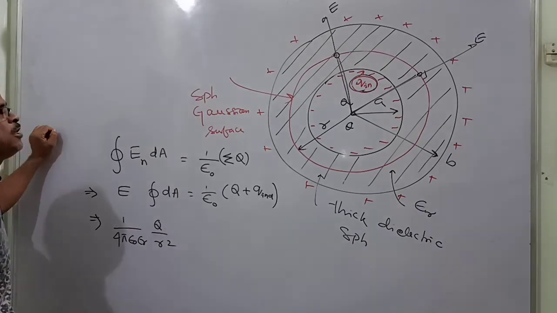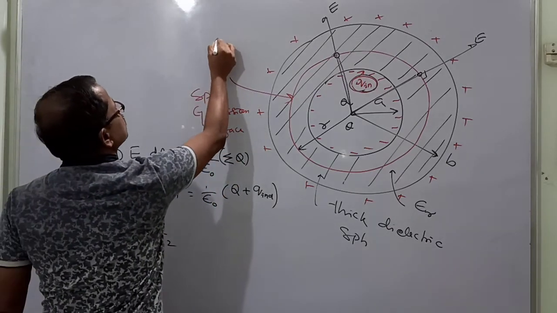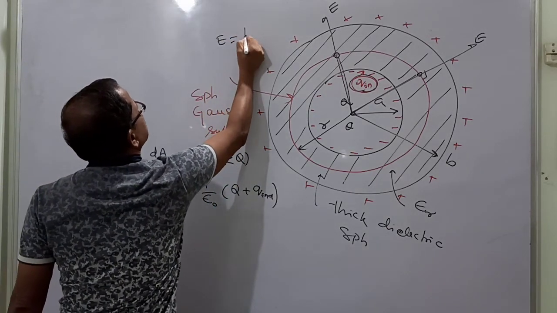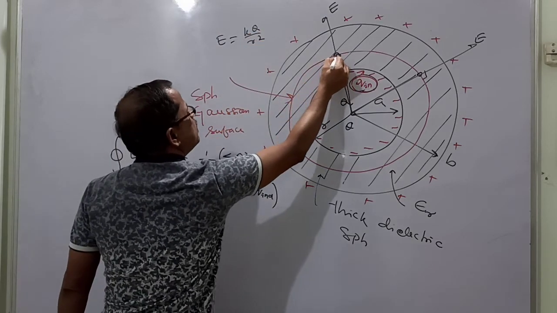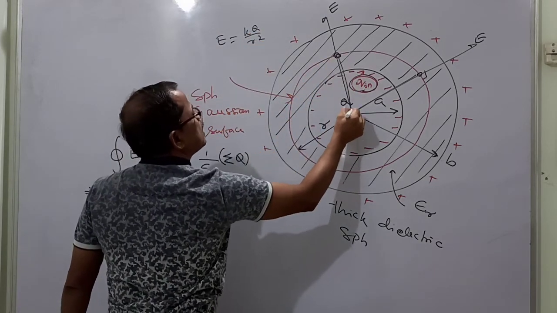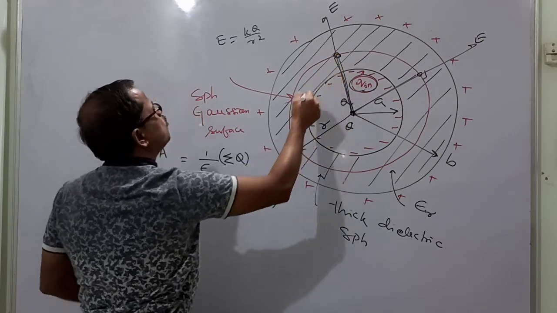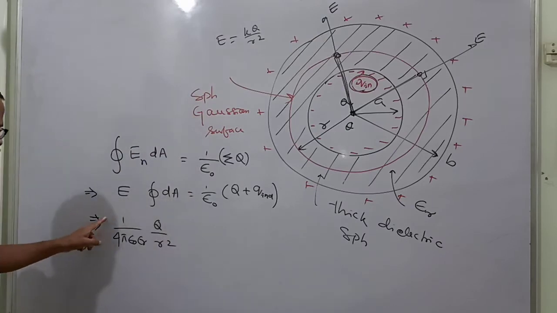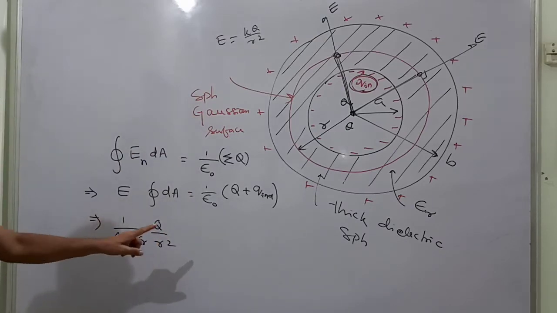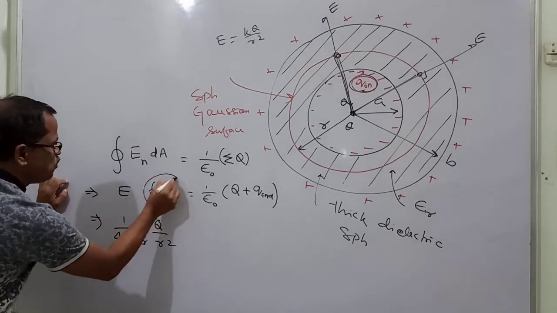The electric field for a point charge at a distance r is kQ by r square. What is k? k is equal to 1 by 4 pi epsilon 0 epsilon r. What is 4 pi r square?